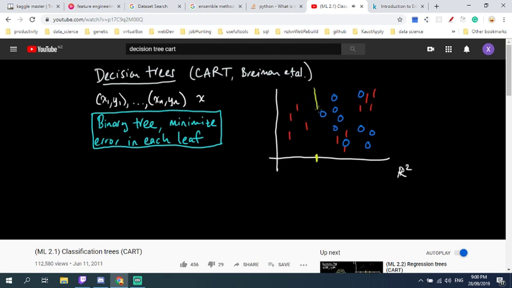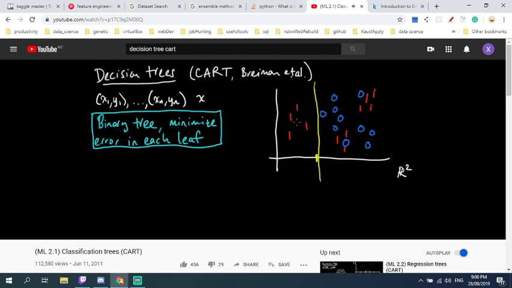So let's split on this coordinate. That would be a good choice because we can separate all these ones over here from everything else. And then maybe for the next split, so now we have two regions. So this divides R2 into two disjoint regions.